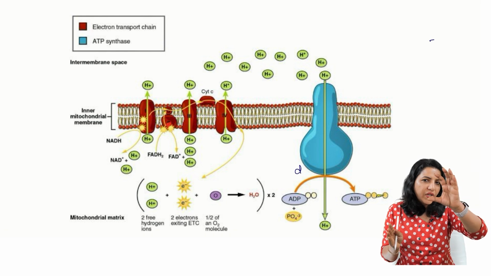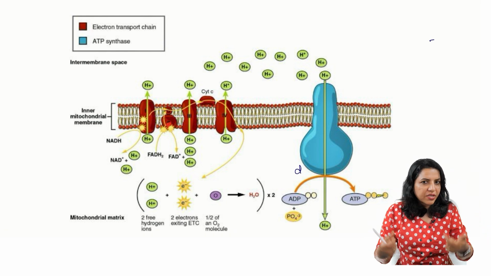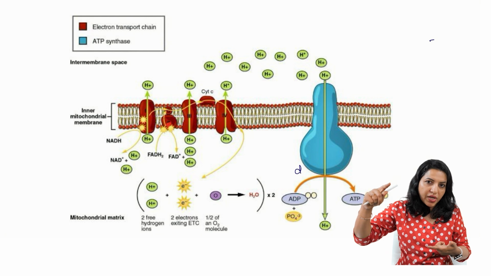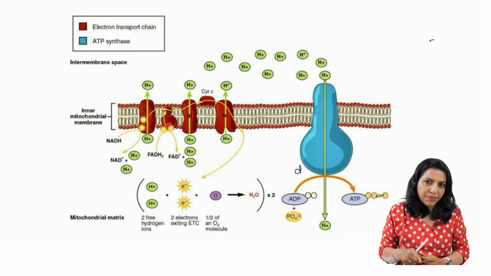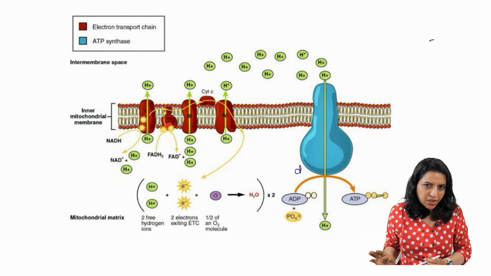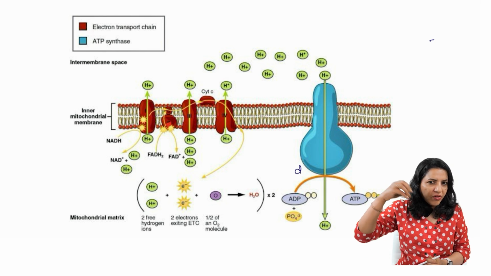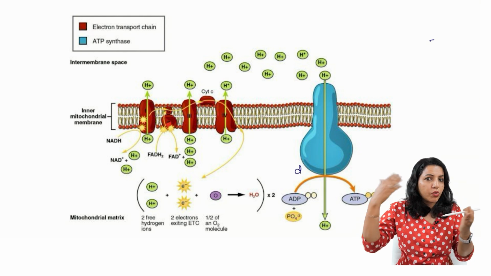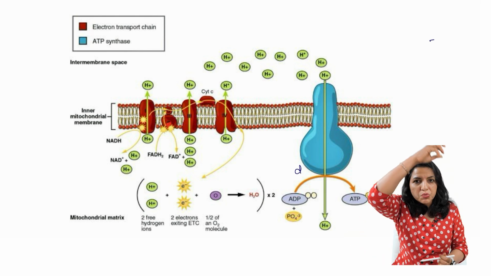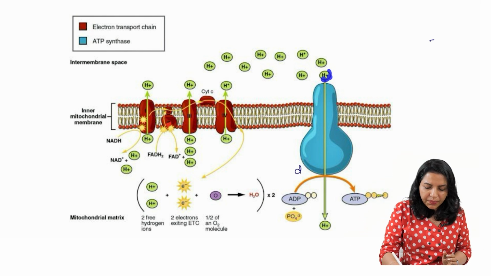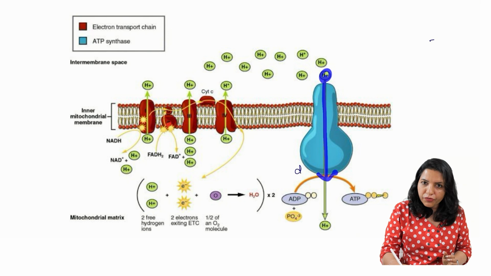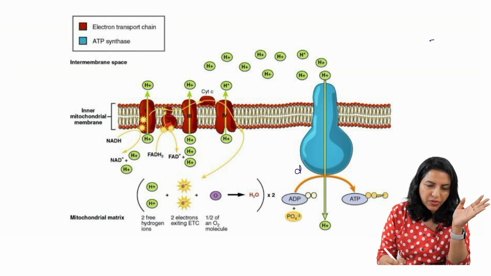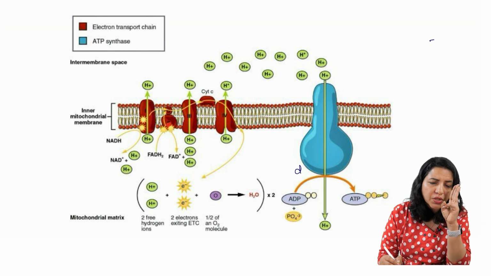So oxidation will happen and oxygen consumption is happening, respiration will happen, but ATP production will definitely stop because with uncoupling the proton gradient is not there, which means that the transfer of protons through this FO subcomplex is not taking place, which means that ATP production will stop. So these three effects you should be thorough with.